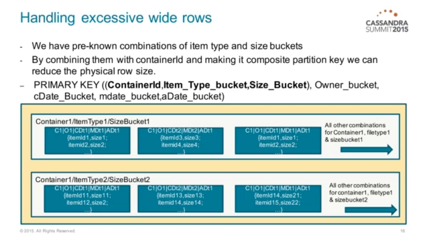Now I've controlled the excessive wide rows to some extent, and because we have item type and size bucket in the partition key, the data distribution is a bit more uniform. So now we haven't got that hotspot problem that we were seeing with just container ID as the partition key.